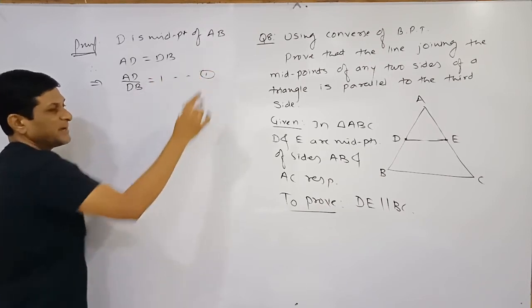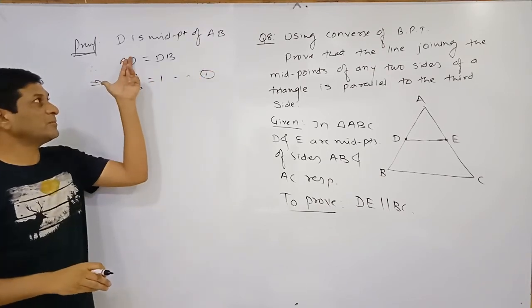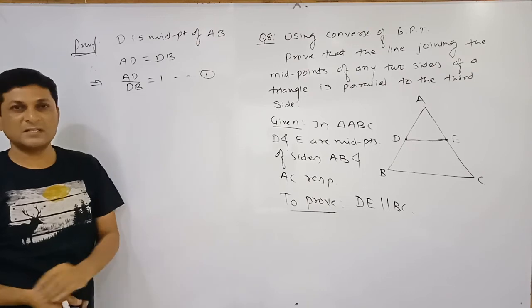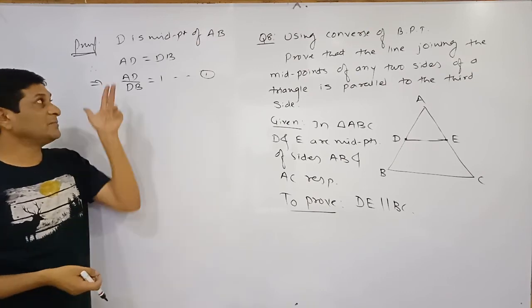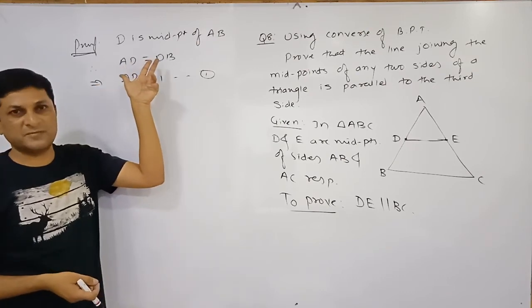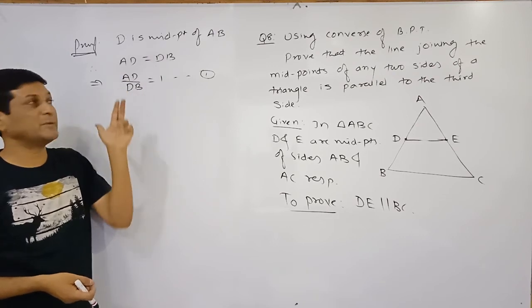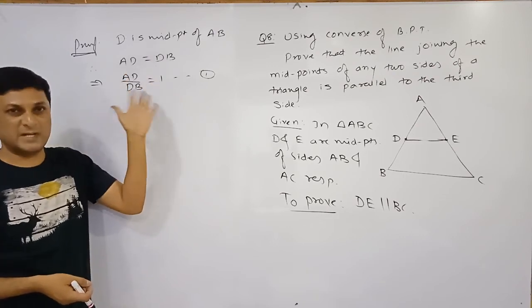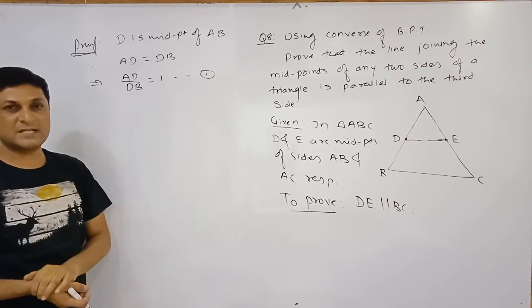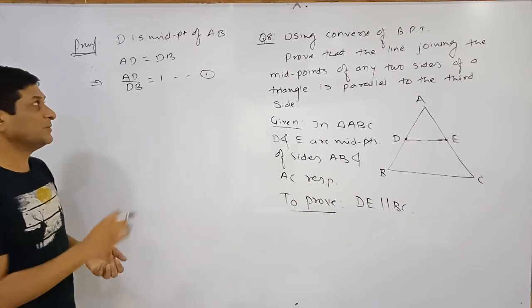Let us denote it by equation number 1. If the lengths of these two segments are equal, then definitely the ratio will be equal to 1. If this segment is 10 centimeters, then this will also be 10 centimeters, and 10 upon 10 equals 1. So if the lengths of two sides are equal, the ratio will be equal to 1.